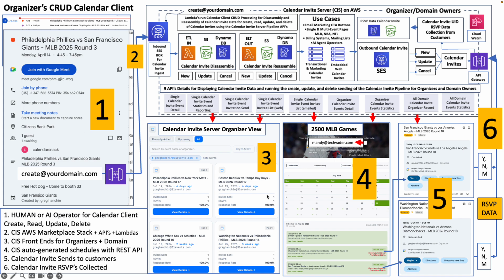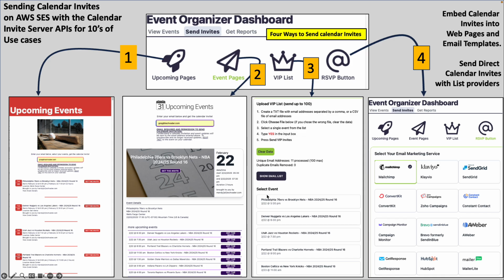This flow here is sometimes better viewed as we slice it up, obviously, sending calendar invites with AWS on the calendar invite server for tens of use cases. Again, these are just 4 use cases we ship with. We ship with upcoming pages being auto-generated, upcoming event pages or complex schedules can be generated.